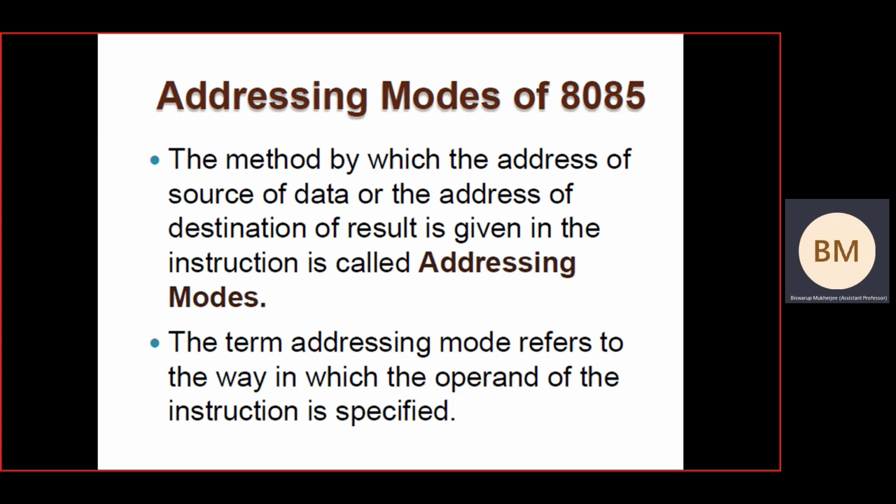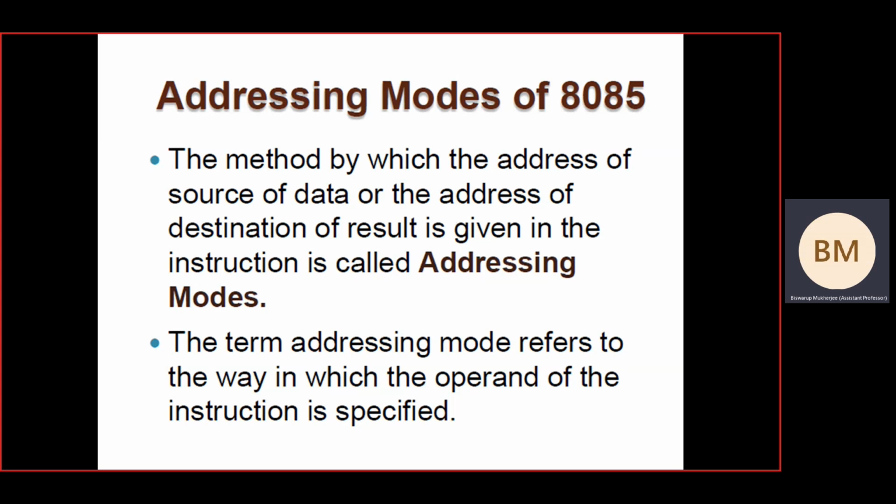The data is stored in some place. So in which way we are getting my data, in which way we are storing our data, in some address location, in some memory, in some register. So that is called the addressing mode.